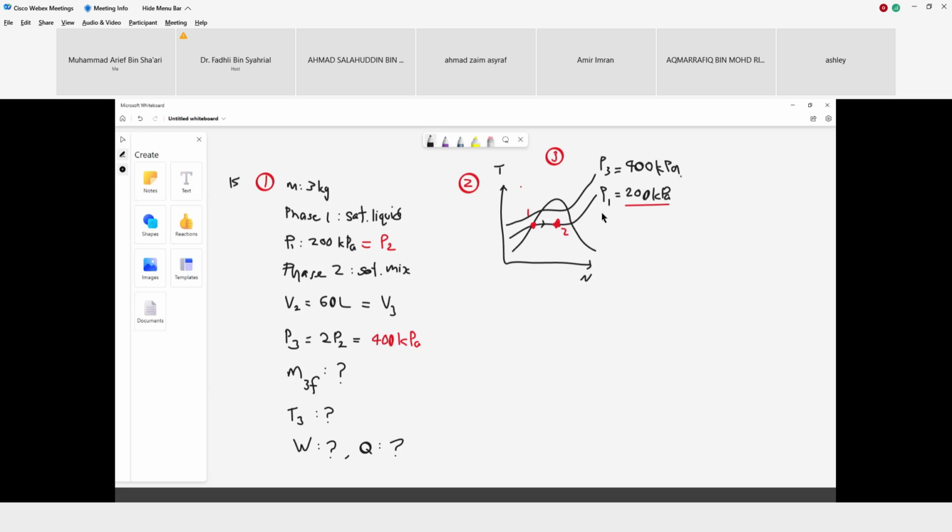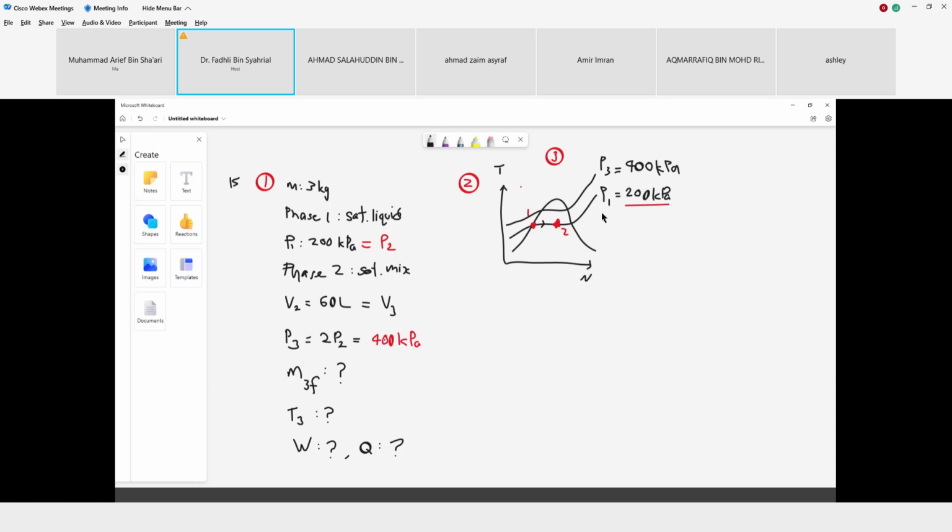Okay. Lagi tinggi garisan bermaksud lagi tinggi tekanan. Semakin tinggi garisan tekanan, makin tinggi nilai tekanan tersebut. So that's why the 400 kilopascal line is higher than the 200 kilopascal line.